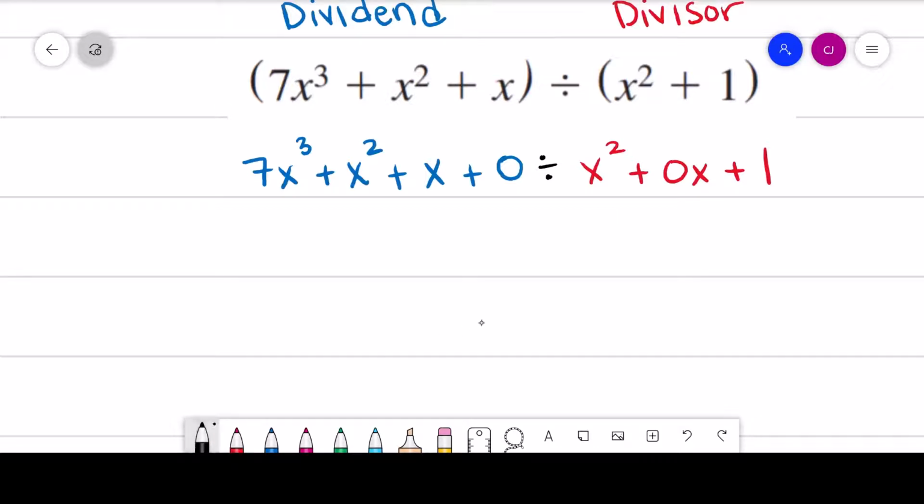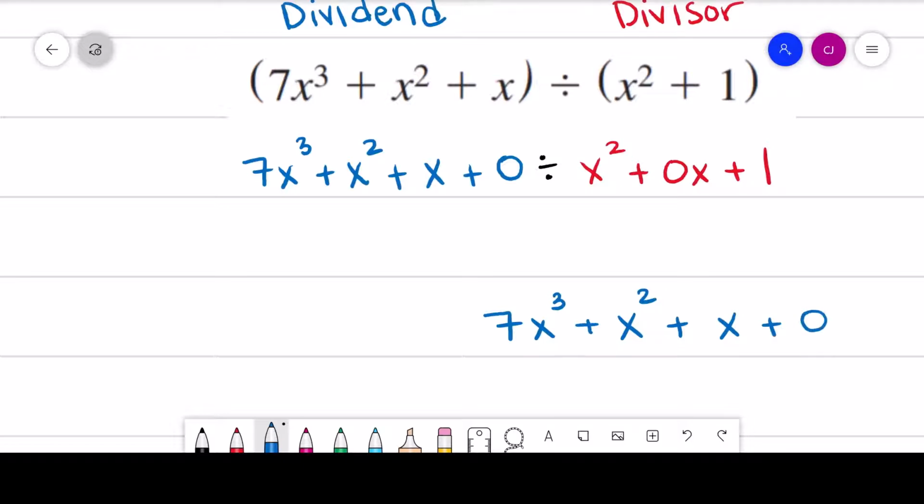So I'm going to take my first polynomial, my dividend, and write it inside my division bracket. So 7x to the third plus x to the second plus x plus 0.